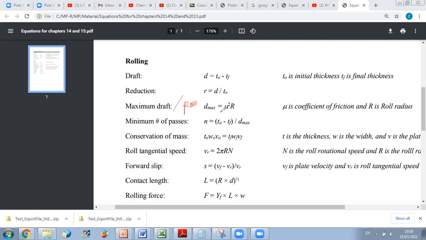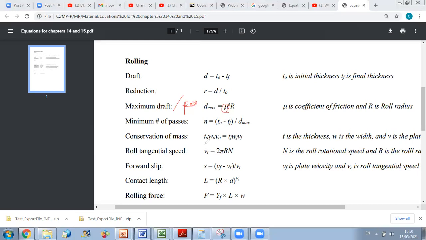So d max per pass is mu squared times R, where mu is the friction coefficient and R is the roll radius. So if you have a certain draft higher than d maximum, then you should do several passes, and the minimum number of passes required will be the ratio of the t0 minus t final over the draft per pass.